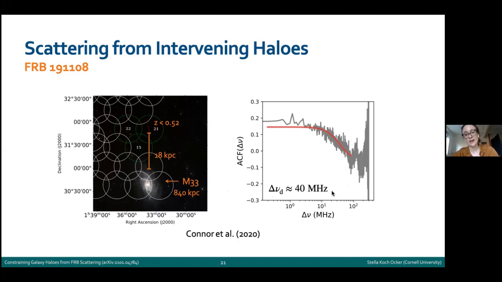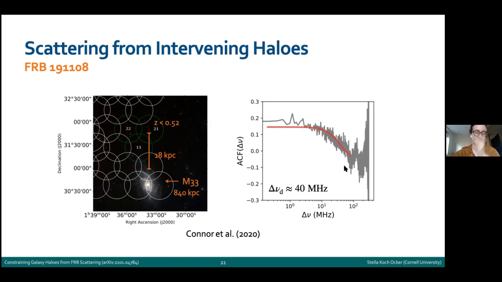One way that you can explain this is if this bandwidth does correspond to scintillation in the M33 halo, then you would need an additional screen somewhere between the source and M33 that essentially smears out the point source and quenches the intensity modulation in the halo.